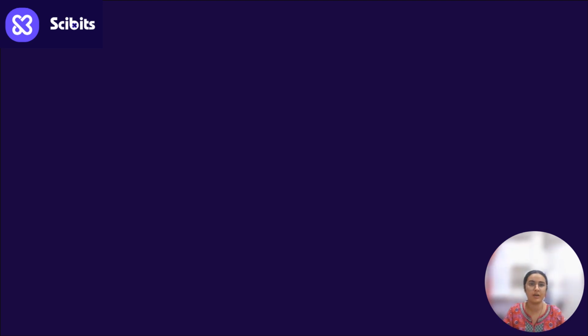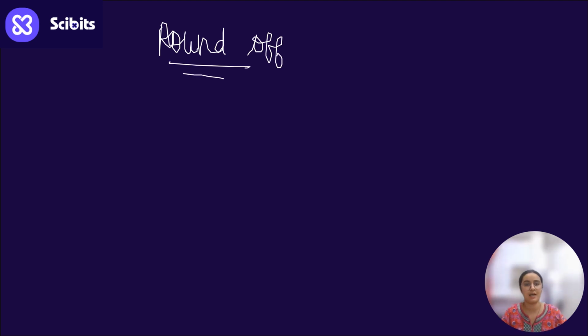I hope you already know how rounding off happens. But since we are doing revision, I'll quickly tell you about it. Let's say it's 4.675 and I have to round it off to one decimal place.